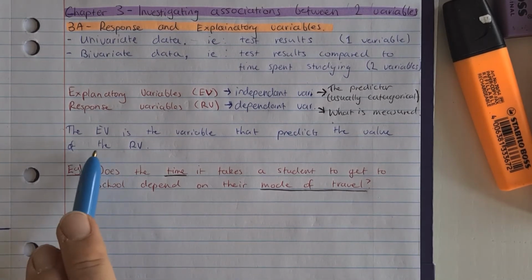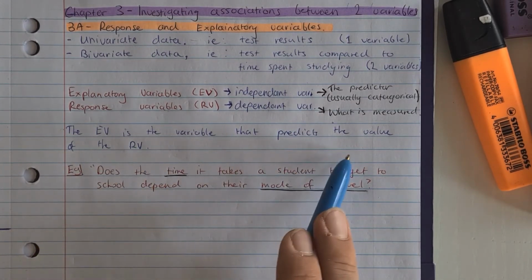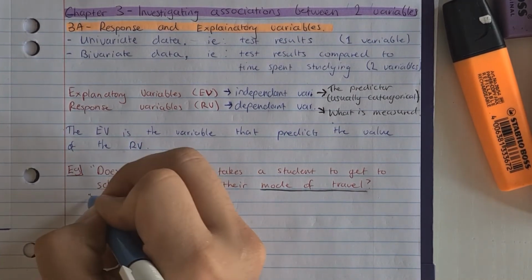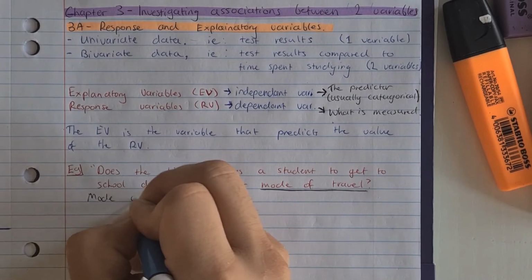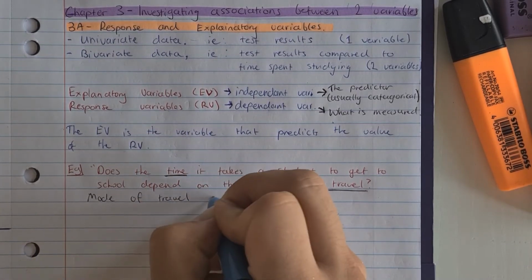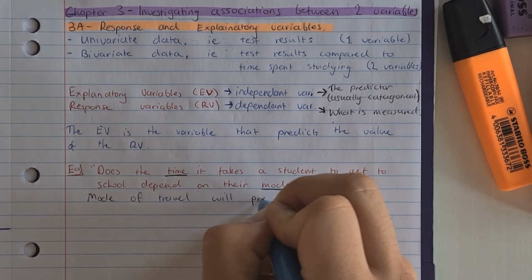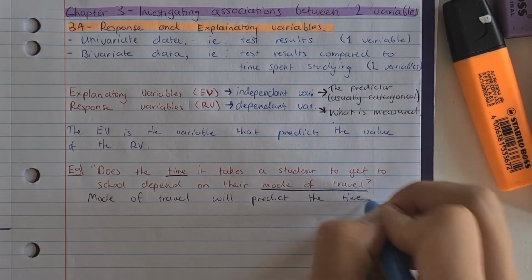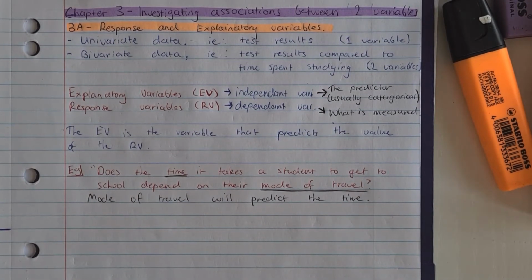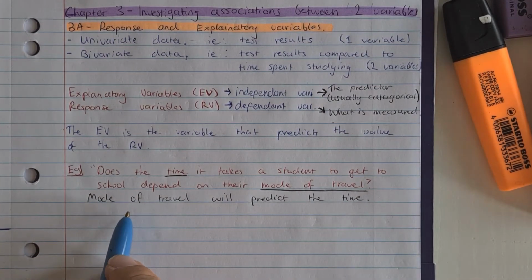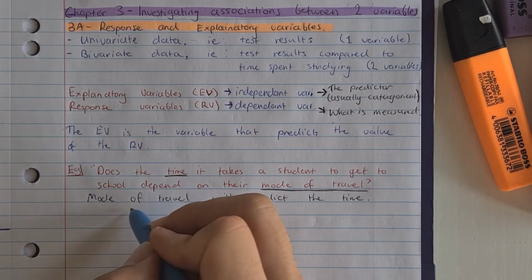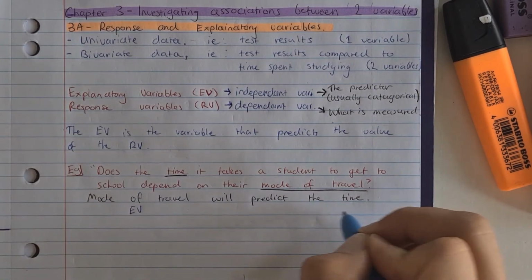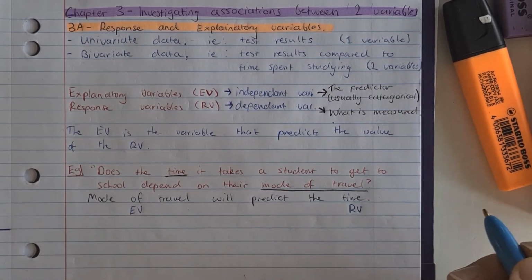One of the variables is going to predict the value of the other variable. I think the best way this fits is that the mode of travel will predict the time it takes to get to school. Therefore, mode of travel is our explanatory variable and the time is our response variable.